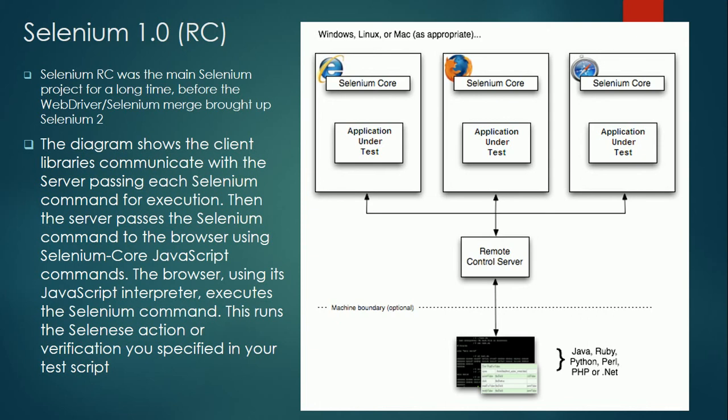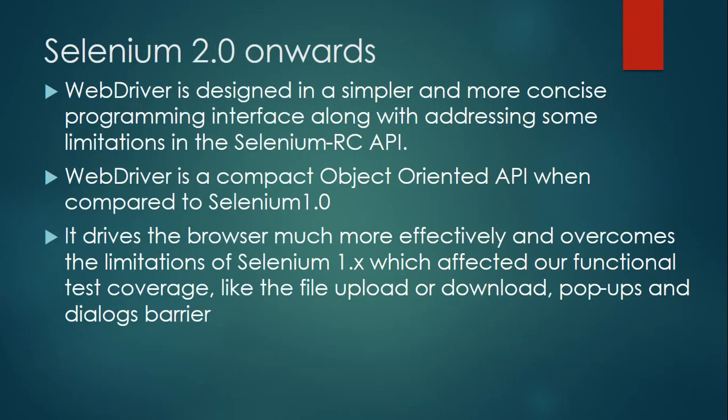So with a combination of 1.0 and RC with WebDriver, they developed a Selenium 2.0 version, which is very popular nowadays, and mostly everyone uses Selenium 2.0 now. So let's see. WebDriver is designed in a simpler and more concise programming interface, along with addressing some limitations of Selenium RC.